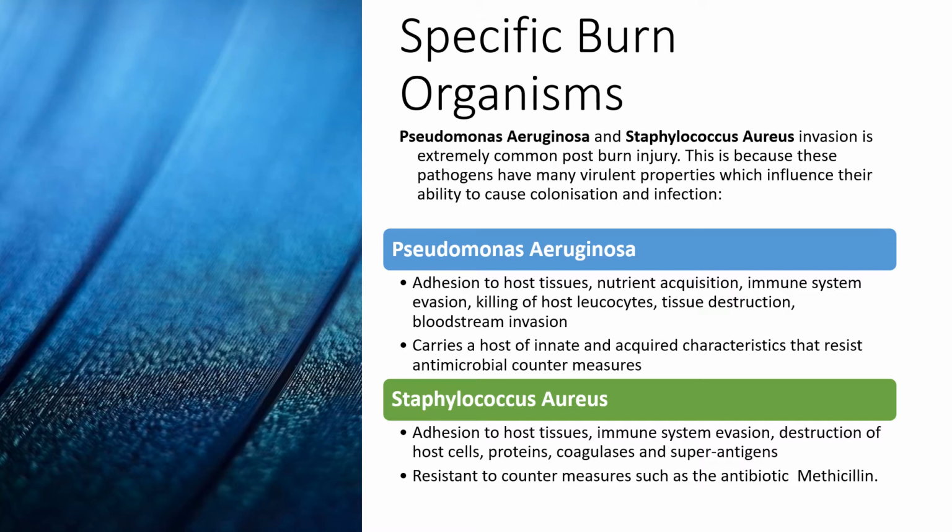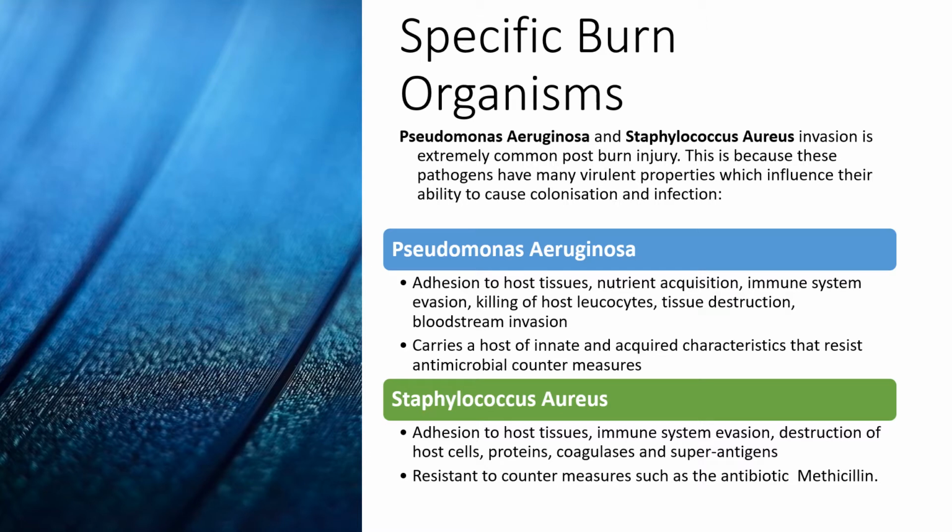Pseudomonas causes adhesions to host tissues, nutrient acquisition, immune system evasion, killing of host leukocytes, tissue destruction and bloodstream invasion. It carries a host of innate and acquired characteristics that resist antimicrobial countermeasures. The other big problem is Staph aureus, which again causes adhesion to host tissues, immune system evasion, destruction of host cells, proteins, coagulases, and superantigens.